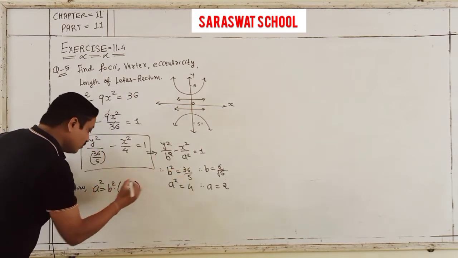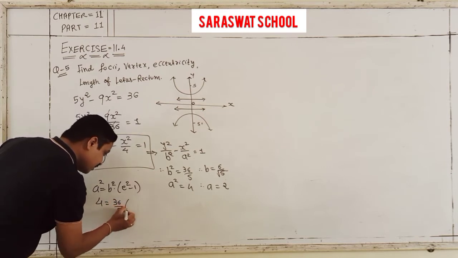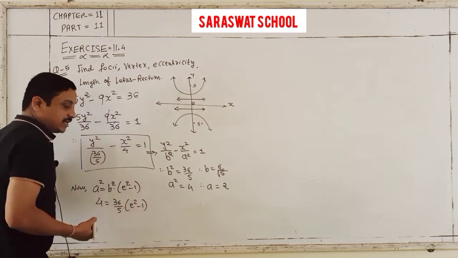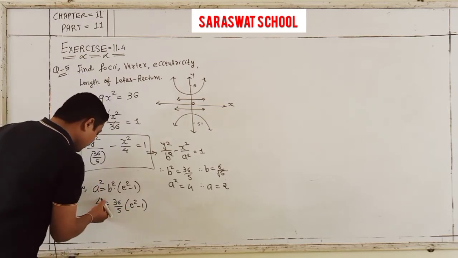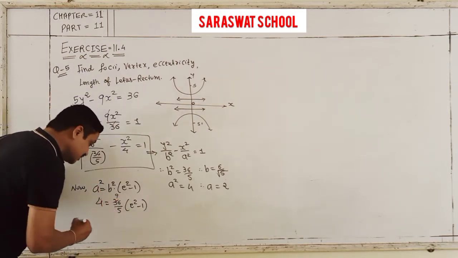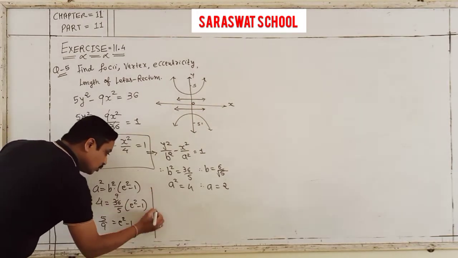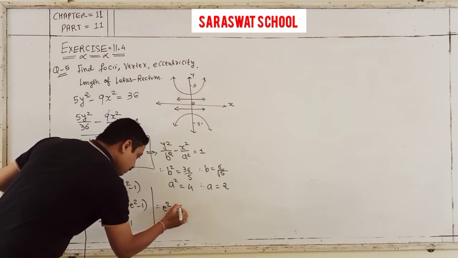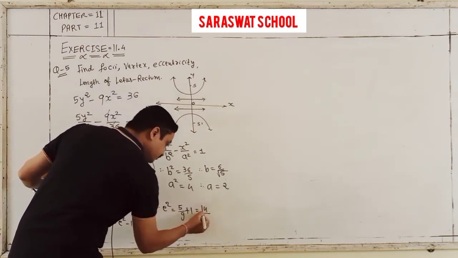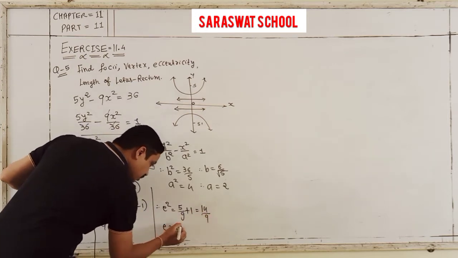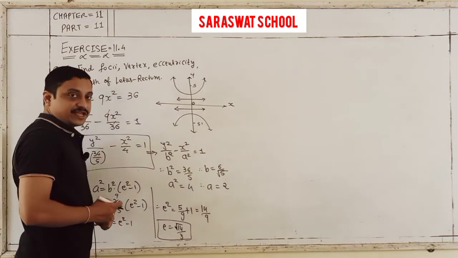So a square is 4, b square is 36 by 5, and e square minus 1 as it is. Now calculate easily: 4 nines are 36, I mean 5 by 9 equals e square minus 1. So e square is 5 by 9 plus 1, that is 14 by 9. So e becomes root 14 by 3. That's your value of e.